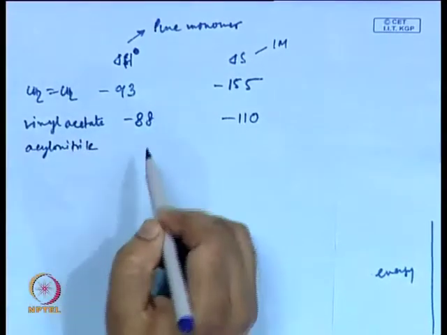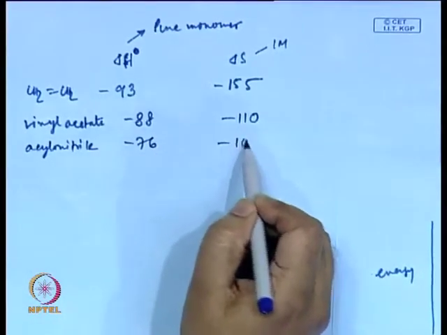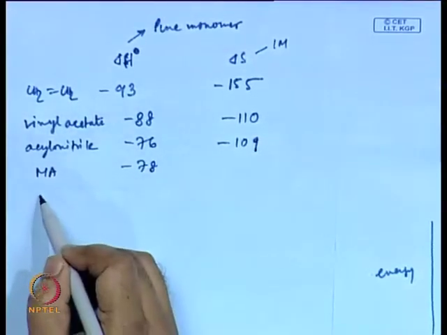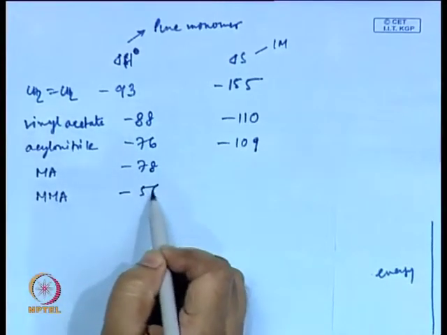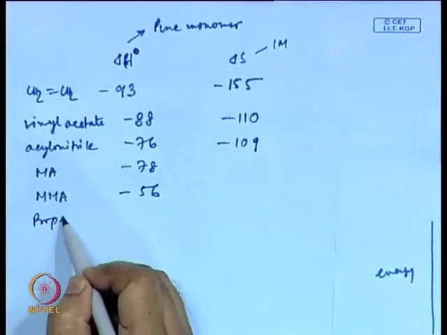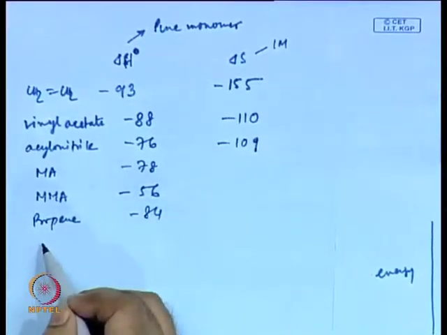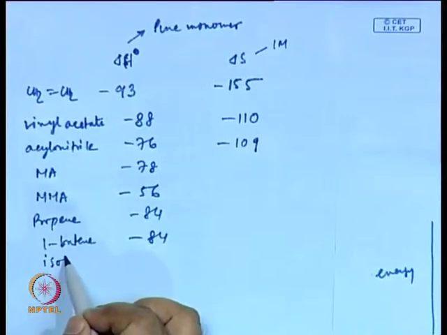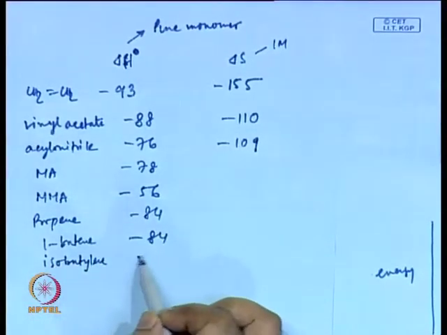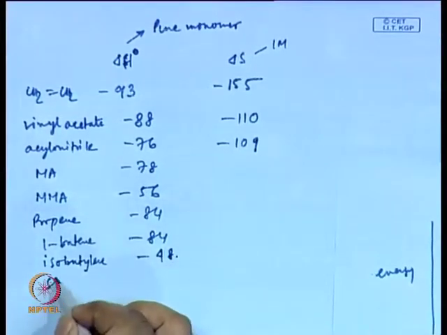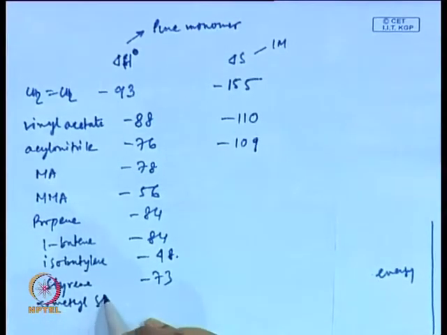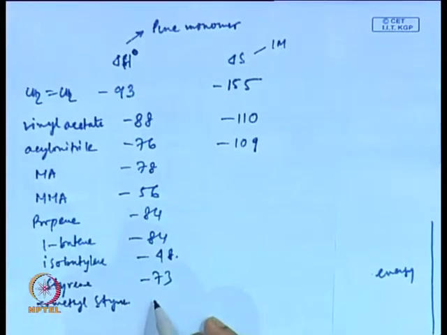acrylonitrile minus 76, minus 109, methyl acrylate, MMA minus 56, propene minus 84, 1 butene minus 84, isobutylene minus 48, 2 more, styrene minus 73 and alpha methyl styrene minus 35.